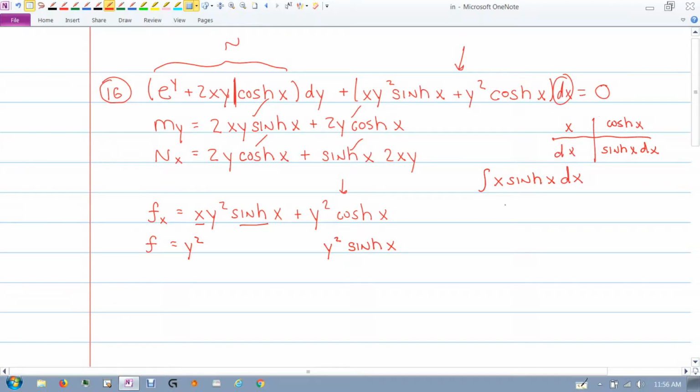And so that should just come out to be x cosine hyperbolic x minus the integral of cosine hyperbolic x, which is x cosine hyperbolic x minus sine hyperbolic x. All right, so that's all in front of the y squared. So I'm going to say y squared times x cosine hyperbolic x, and then I would distribute that y squared through, so I get y squared.